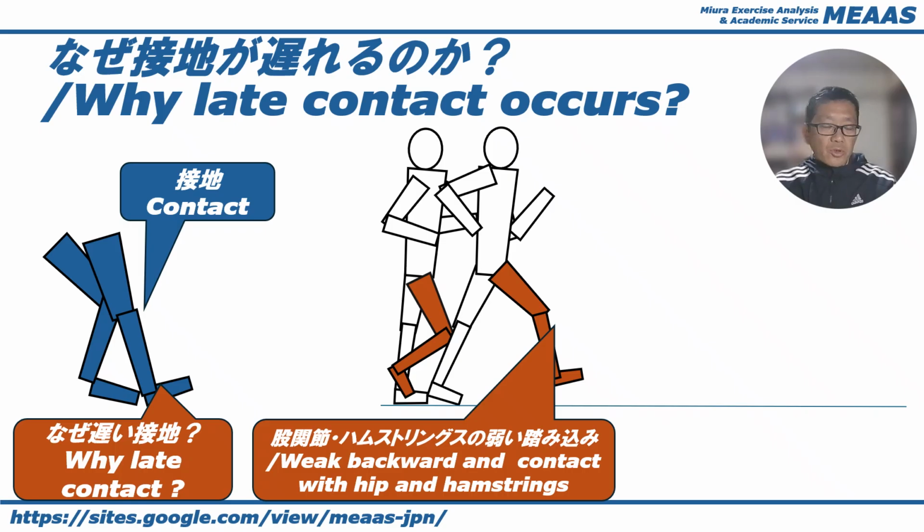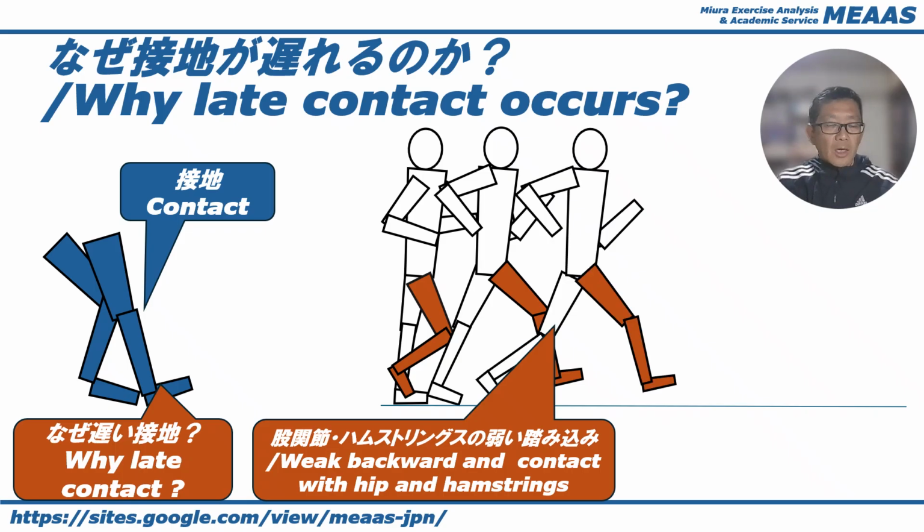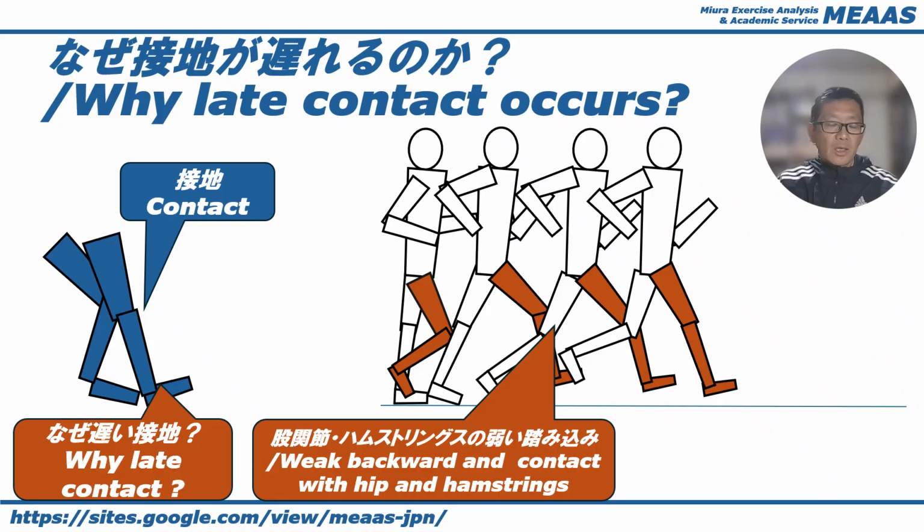This position is raised from a weak backward swing and contact motion with weak force of hip and hamstrings. And next, still a slow backward swing and contact motion and high position of legs.